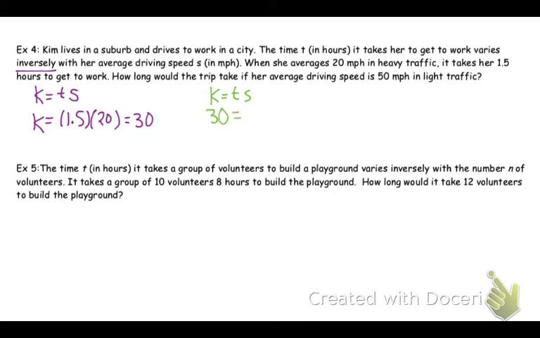And let's look at the information it gives us. It says, how long would the trip take if her average driving speed is 50 miles per hour? So we're trying to find the time if her speed is 50. So then all I would need to do, to solve for t, is divide both sides by 50. So t is equal to 3 over 5.